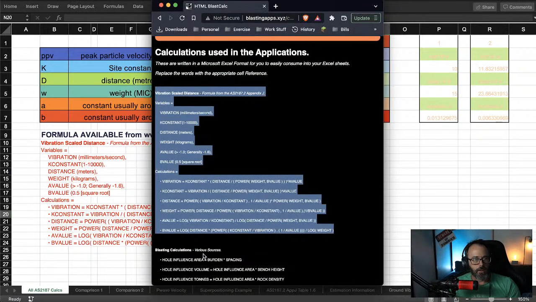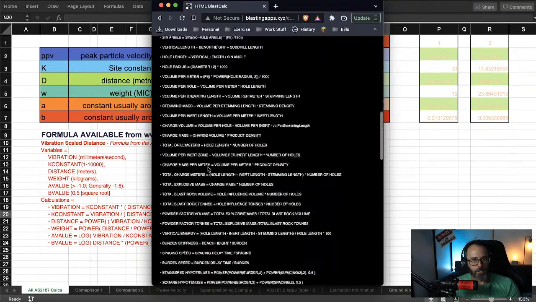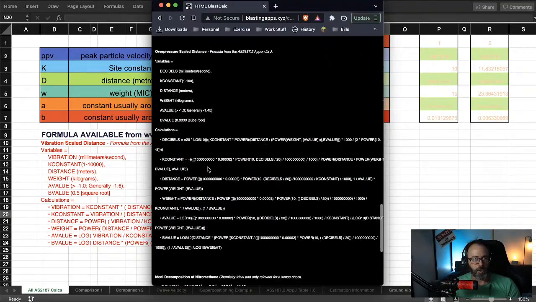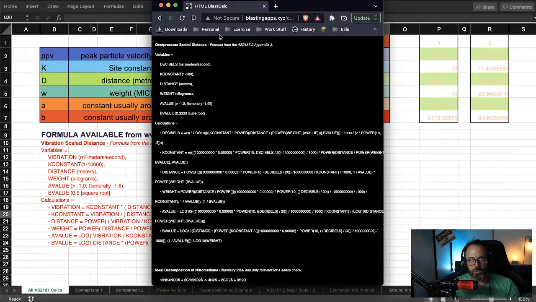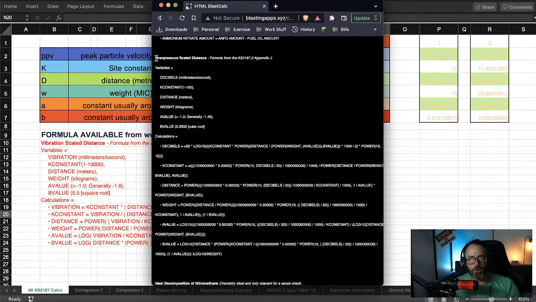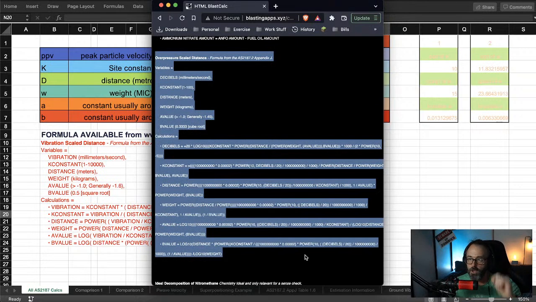So if you like that, that's cool. There's other calculations on there. I haven't updated everything that's in here, but there's other calculations in here, and there's also an overpressure one which you can use. But look, I'd be really cautious of overpressure because wind plays a big role in overpressure, and that one, wind, cloud cover, direction of fire, face, confinement, everything that works for vibration sometimes doesn't work very well for air overpressure.